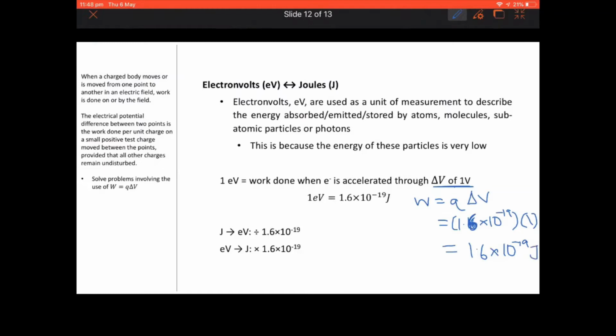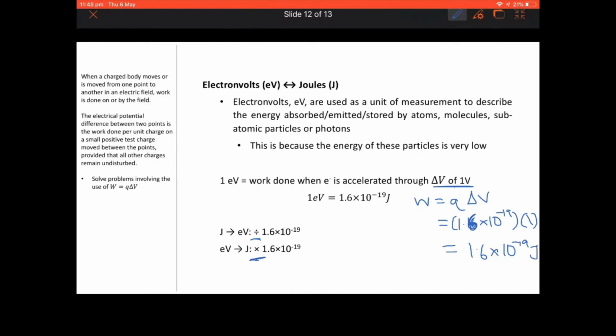So that's the level of energy, or the content of energy, that 1 electron volt has. If you're converting from joules to electron volts, you divide by 1.6 times 10 to the negative 19. If you're going from electron volts to joules, you multiply by 1.6 times 10 to the negative 19.